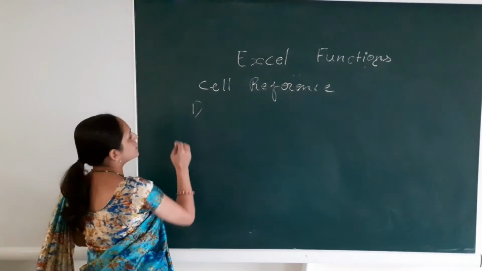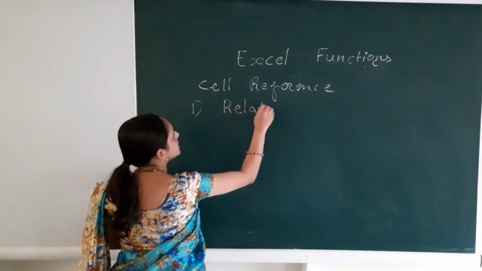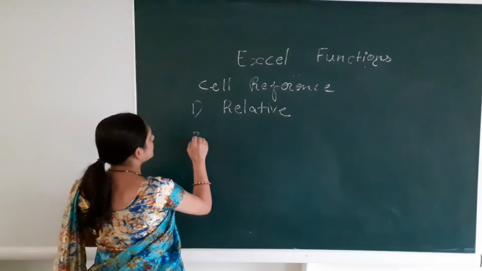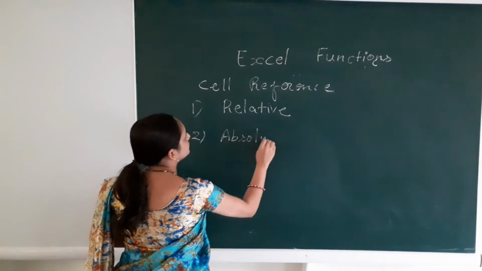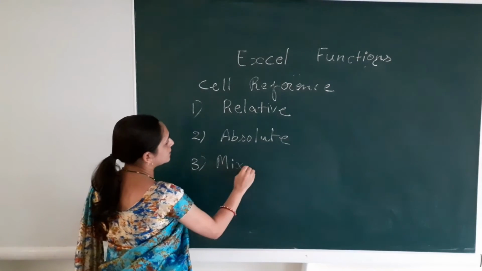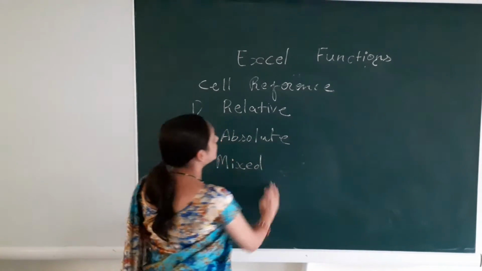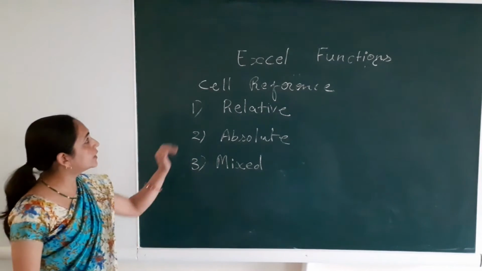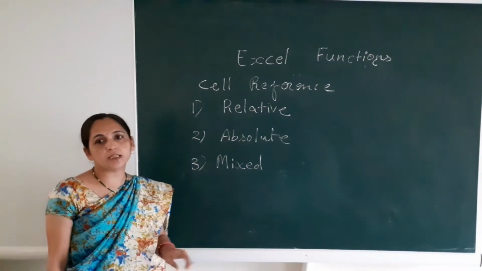The first type is the relative cell reference, the second type is the absolute cell reference, and the third type is the mixed cell reference.